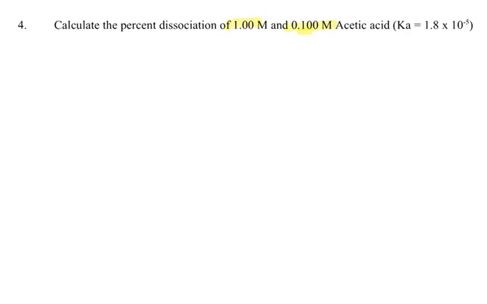Again, a quick reminder of your formula for percent dissociation. Check to see if that is on your formula sheet or if it's something that needs to be memorized. It is the concentration of your hydronium ion over that of your weak acid, times 100%.